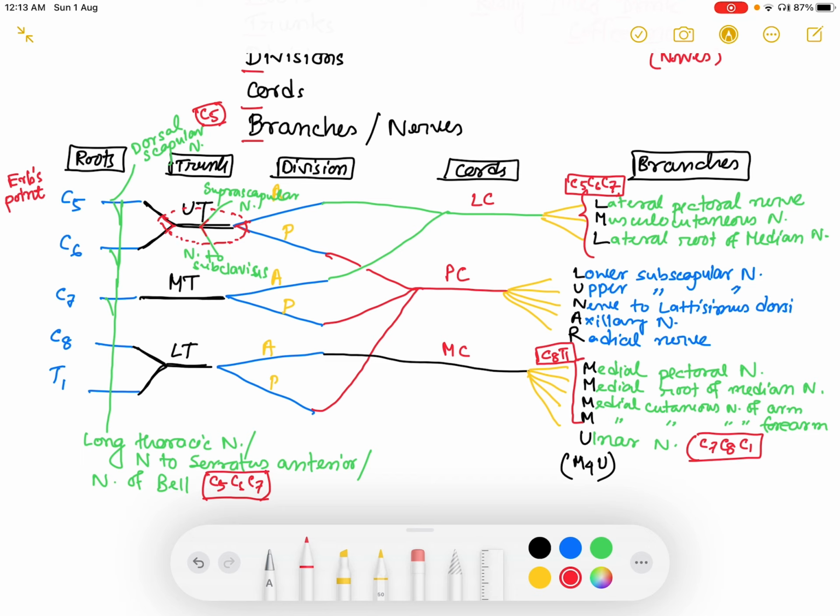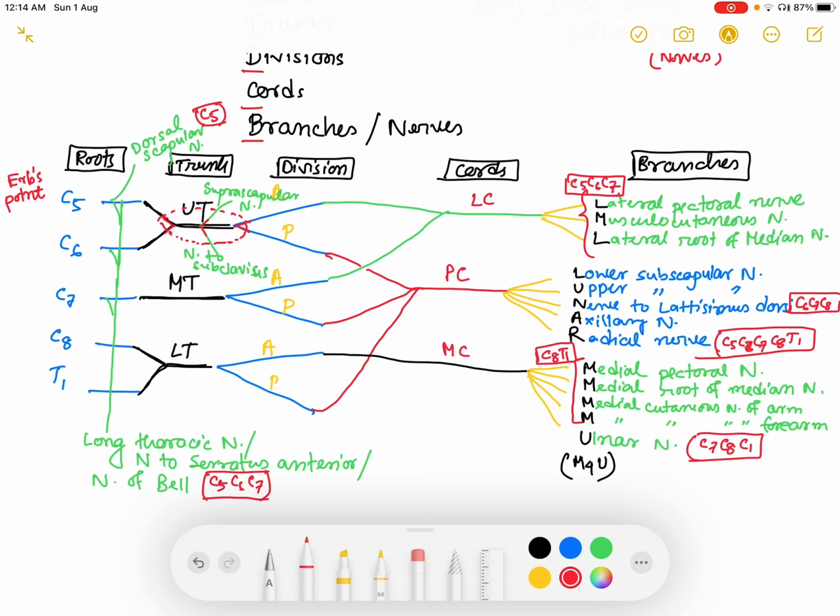And for the posterior cord, the radial nerve is contributed by all of the roots: C5, C6, C7, C8 and T1. And the nerve to latissimus dorsi is contributed mainly by C6, C7 and C8.